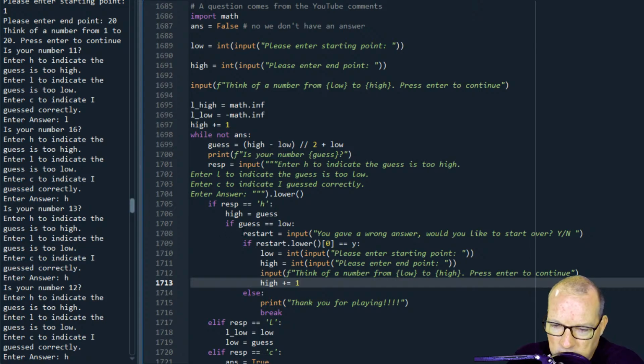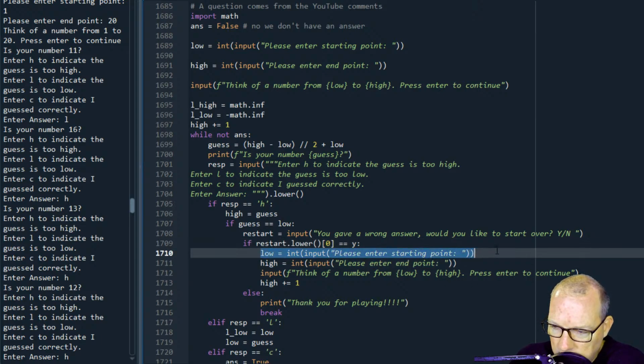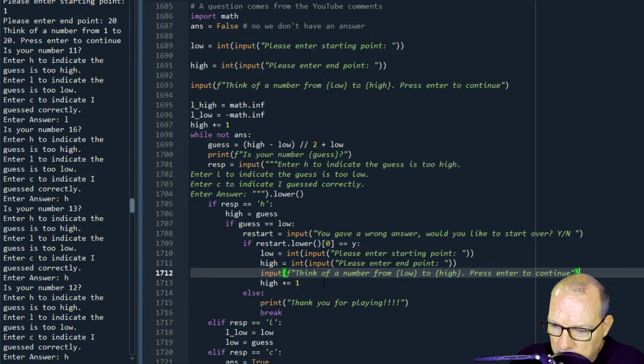So let's see what I did. If restart dot lower, the first letter of restart, lowering it, is equal to y, then here, here, here, and it should just come right back up here.